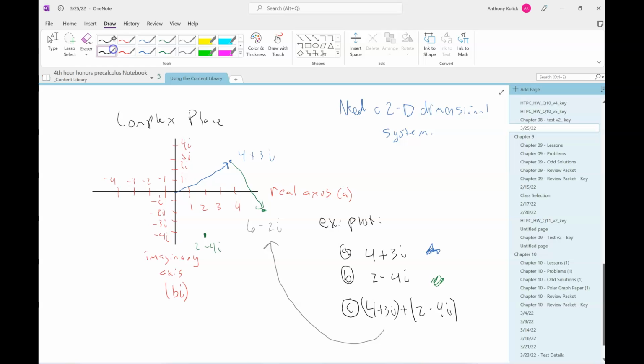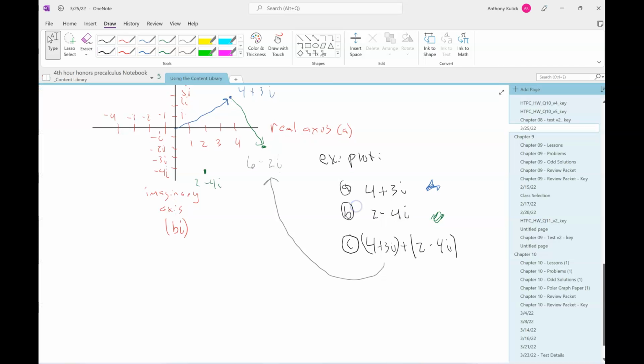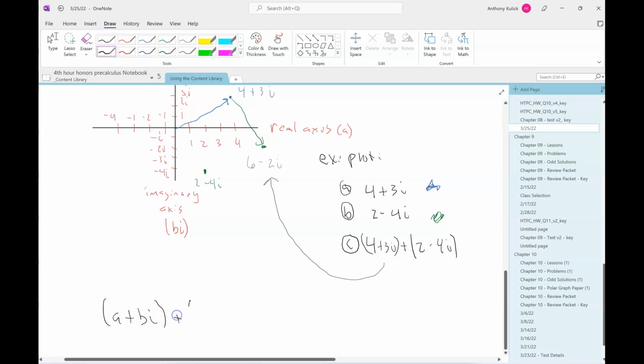Now, just like in elementary school, when you learned how to add numbers, you gave up doing it on the number line pretty quick, right? We're going to give up doing this on the complex plane pretty quickly, because the big takeaway here is that if I take 2 complex numbers and add them together, what I'm really doing is just adding the real parts together and then adding the imaginary parts together.